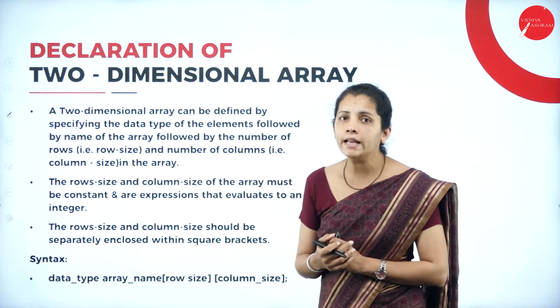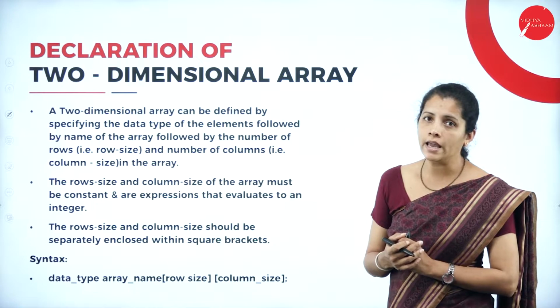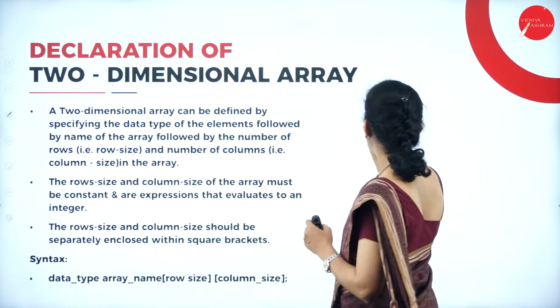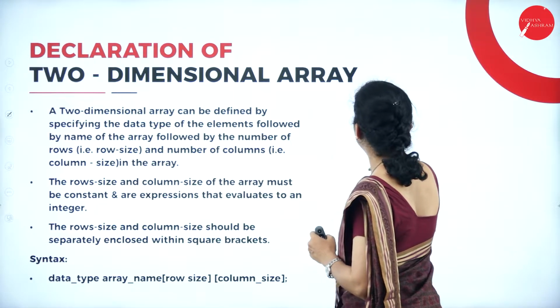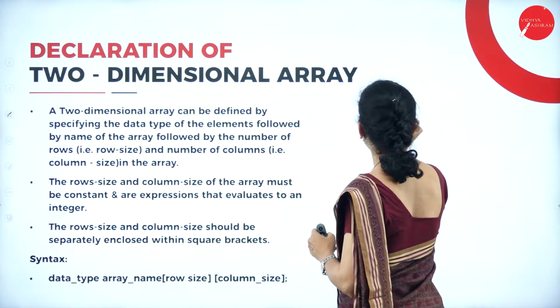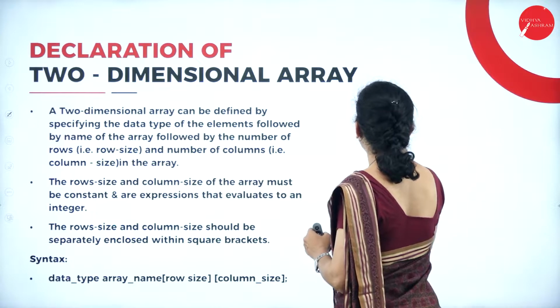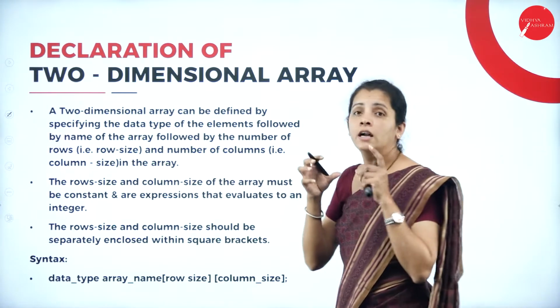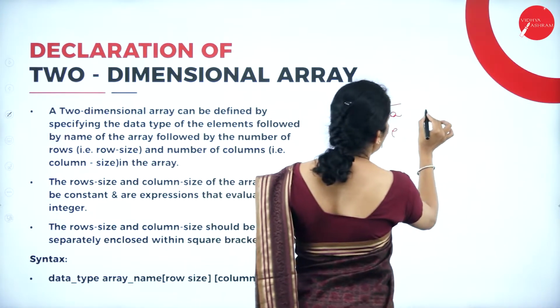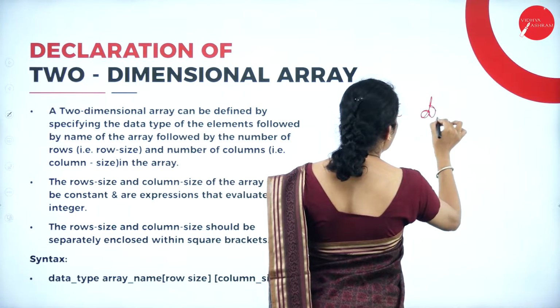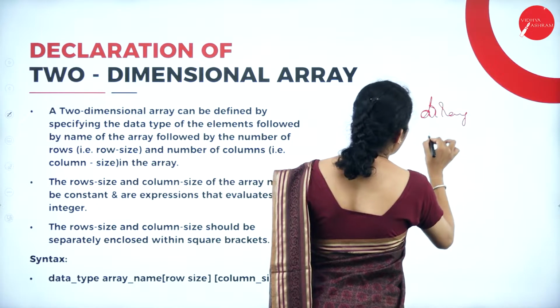Now, how can I declare a two-dimensional array? Dear students, please remember here. First, I'm going to write the data type, because I want to specify which type of data or item I'm going to use. Along with that, I want to write the array name.